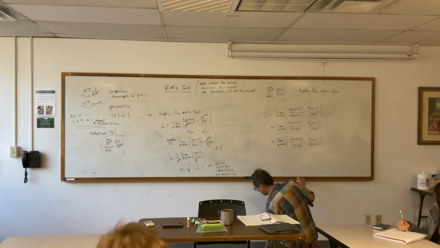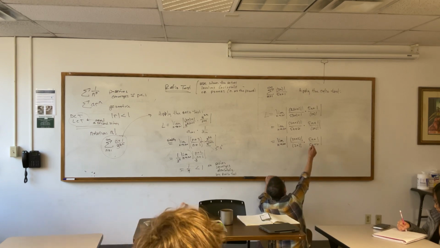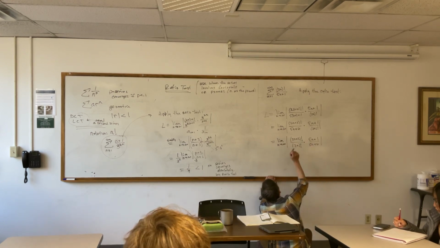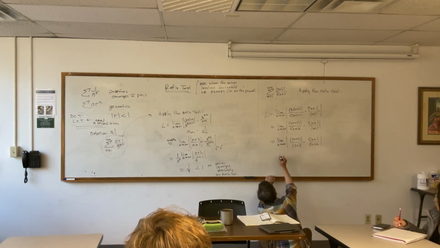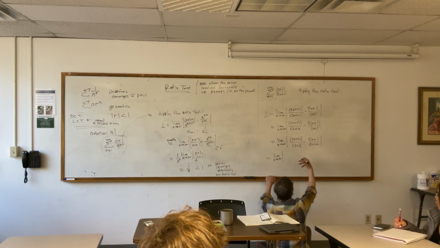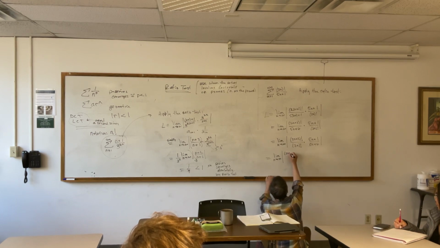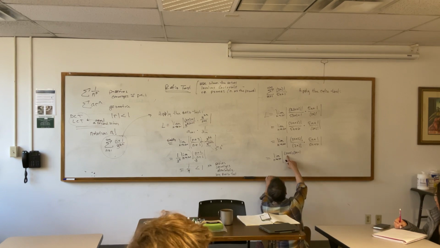It's very kind of him. All right, so this we can't do anything with, but that we can, if you see what's happening on the top, and let's actually make sure we see that. This is going to be one of the bigger challenges in using the ratio test, working with factorials. So that top thing, 2n plus 2 factorial, means I've got 2n plus 2 times 2n plus 1 times 2n factorial.